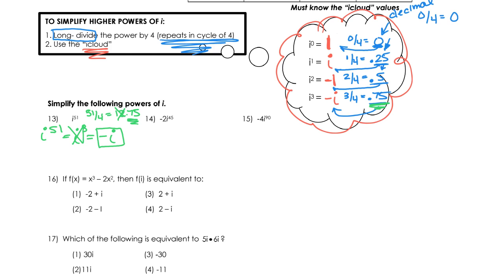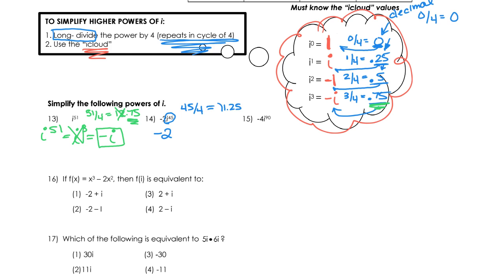Okay, so we're going to do the process over again. In number 14, we have a coefficient here of negative 2, and that's just going to hang out for a few seconds. And we're going to take this i to the 45th. We take the exponent of 45 and divide it by 4, because our i's have a cyclic pattern of repeating every 4. When we divide 45 by 4, we get 11.25.